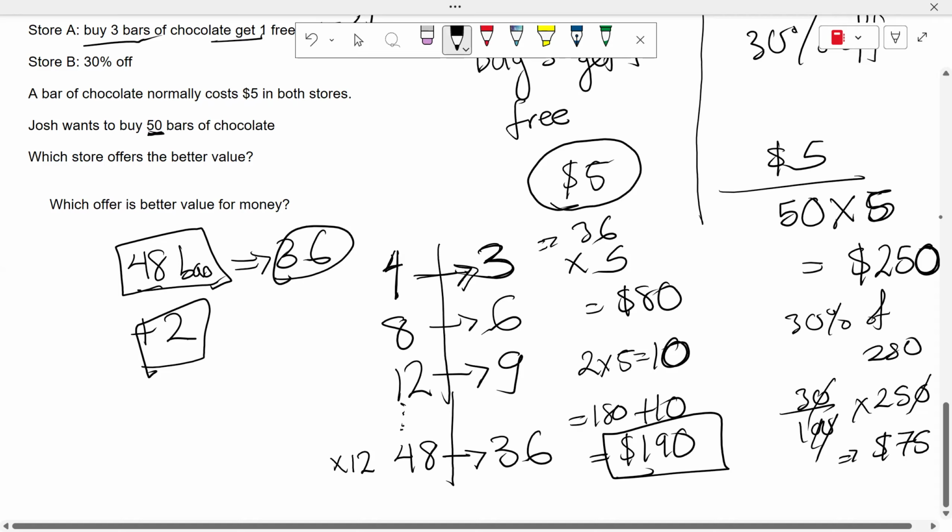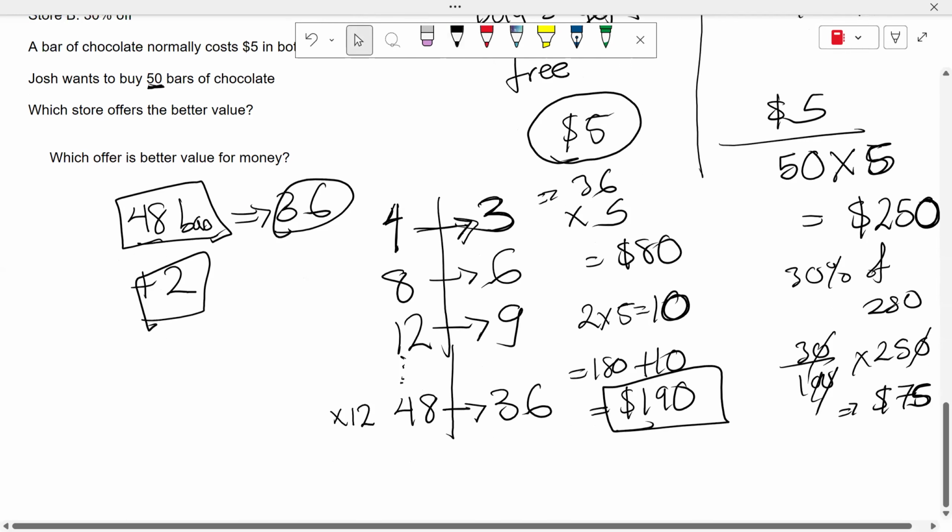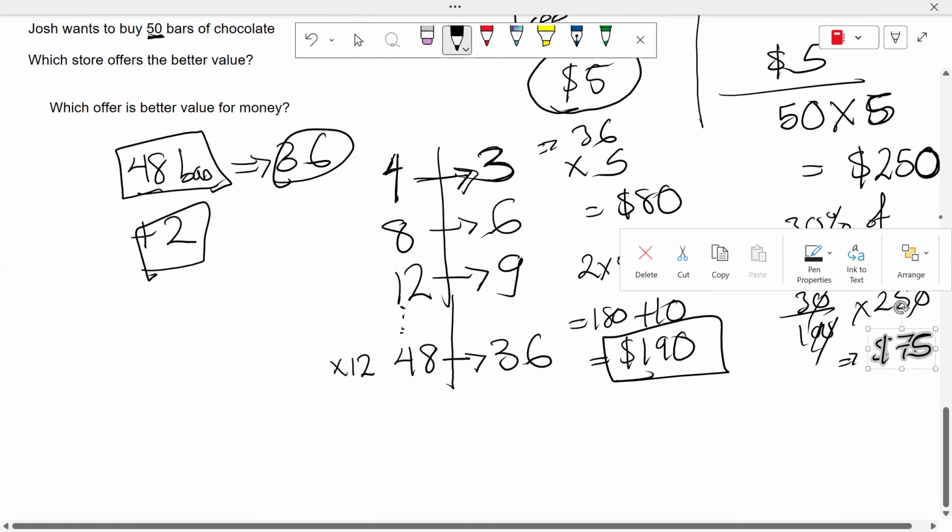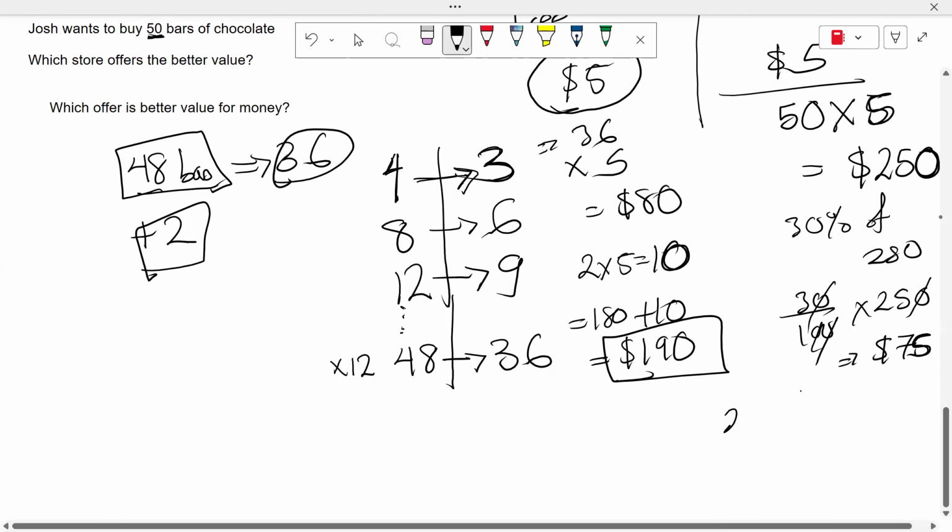So we now have to subtract $75 from the initial 250, because we're doing 30% off and reducing the price. That becomes 250 minus 75, which comes to $175.